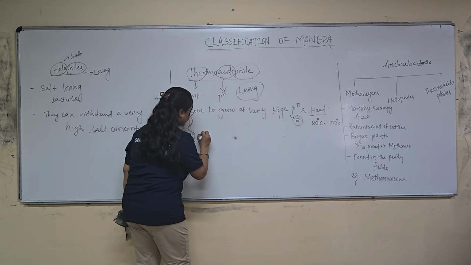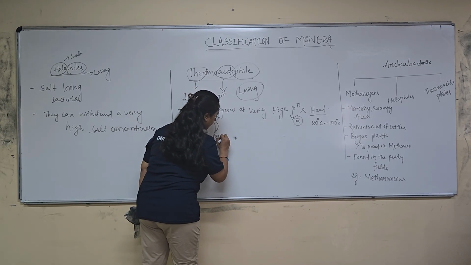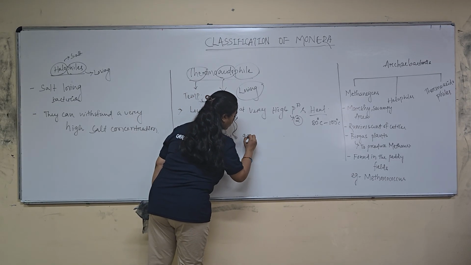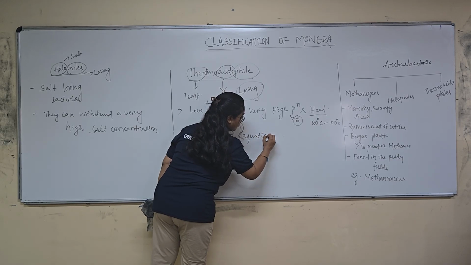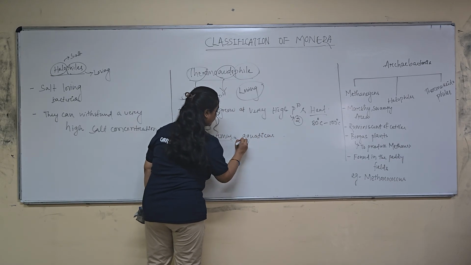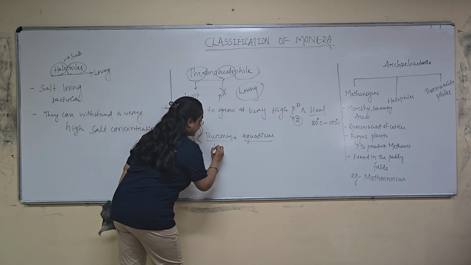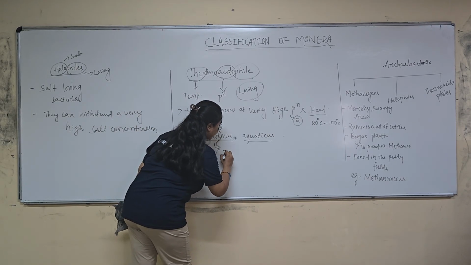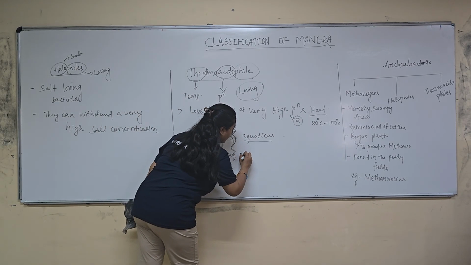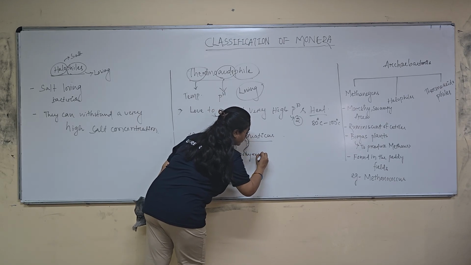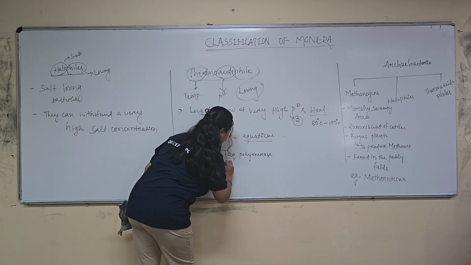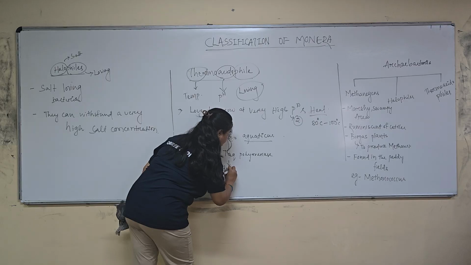The example is Thermus aquaticus. This bacterium has an enzyme, the polymerase, that helps in the PCR, the polymerase chain reaction.